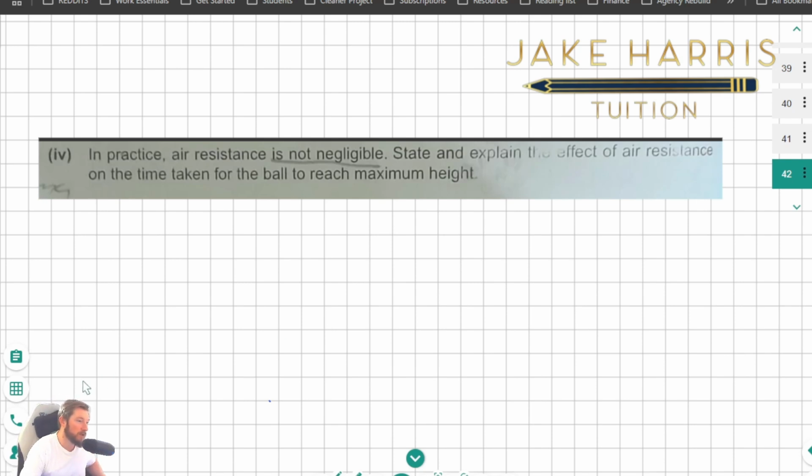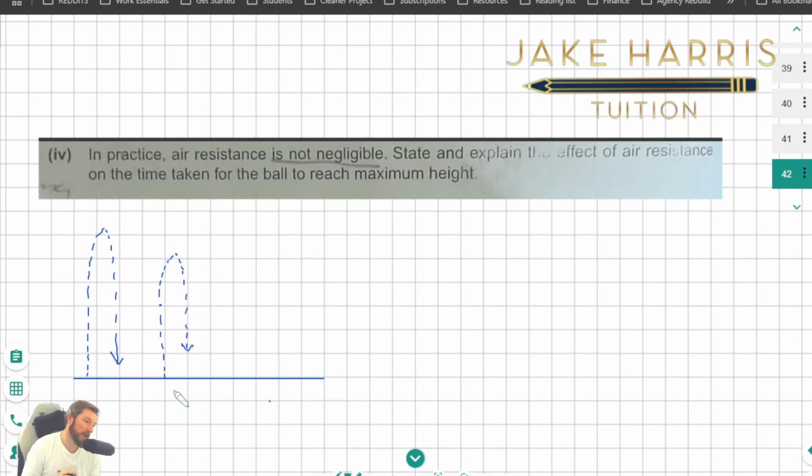Okay, so our gut instinct, probably most of you would think that, if a ball reaches a particular height and falls back down without air resistance, the inclusion of air resistance will make it reach less of a height.